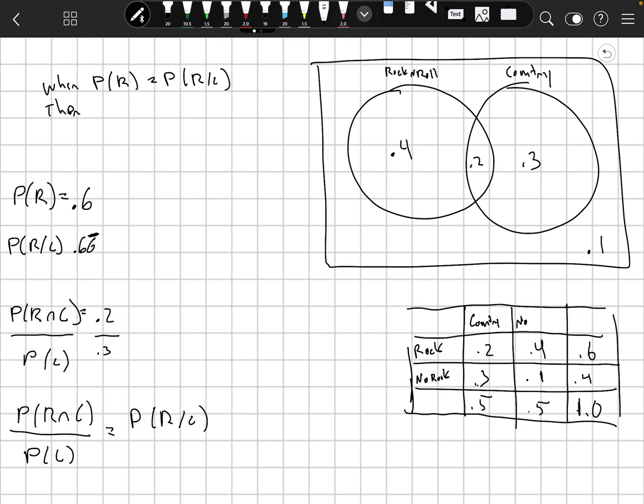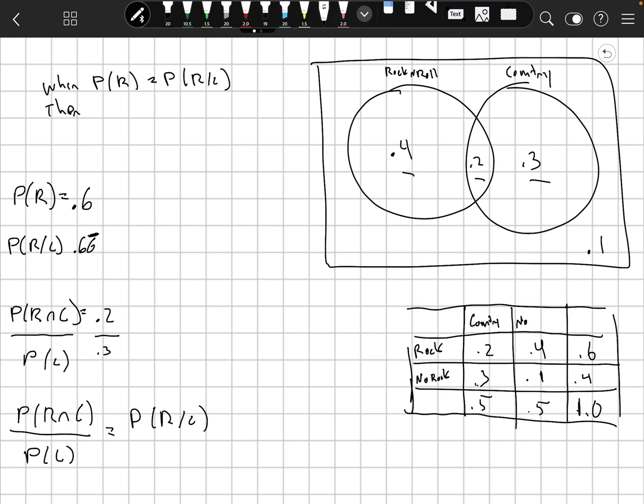Okay, so let's see what we've got going on. First of all, just a review here, if we wanted to find the chance of liking either rock and roll or country, we would add together 0.4 plus 0.2 plus 0.3, or we could say 0.6 plus 0.5 minus 0.2.